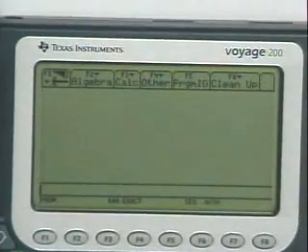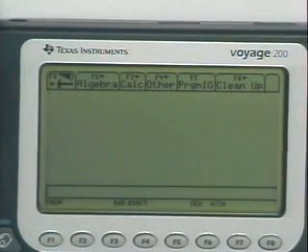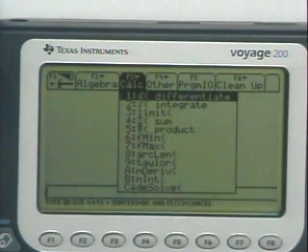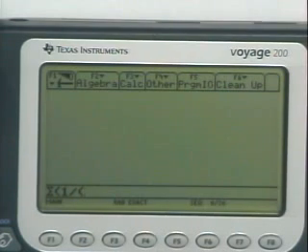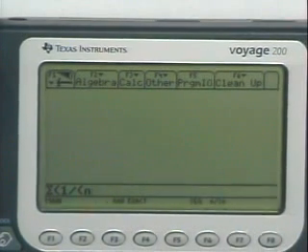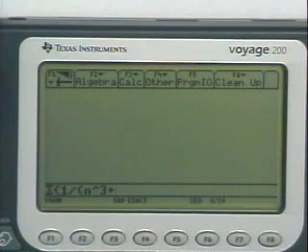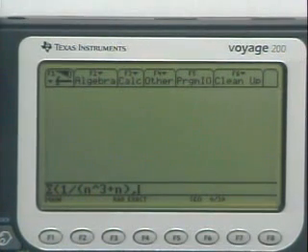I said, okay, if I'm going to use the computer algebra system, I'm just going to go to F3, grab number 4, and try it. 1 divided by the quantity n cubed plus n. Expand that, please.